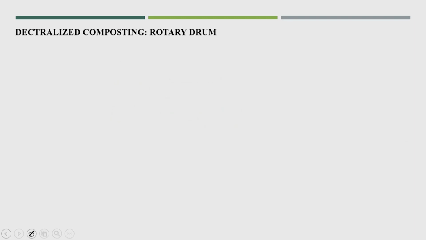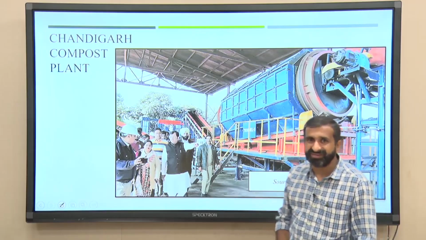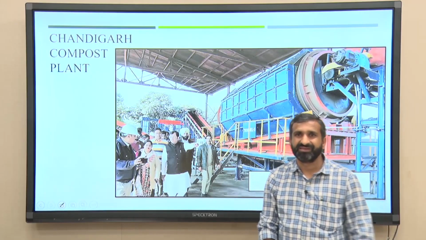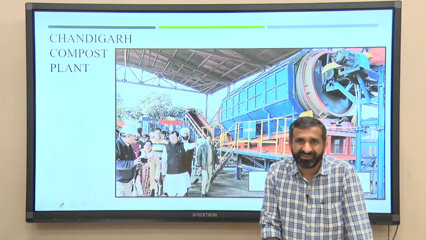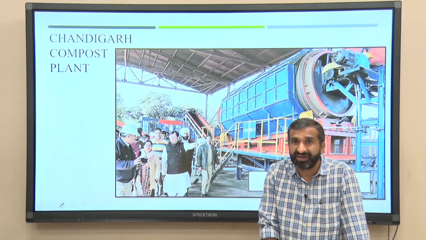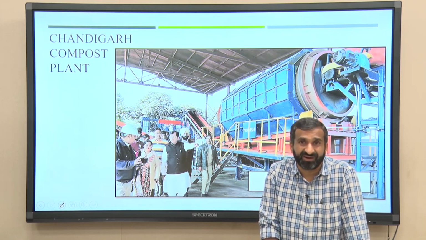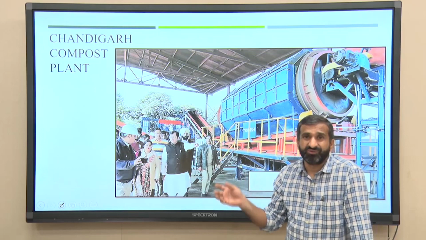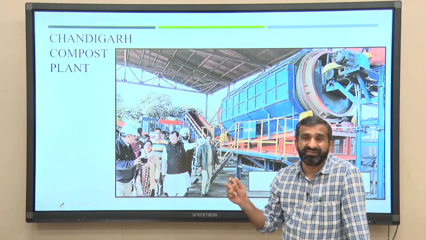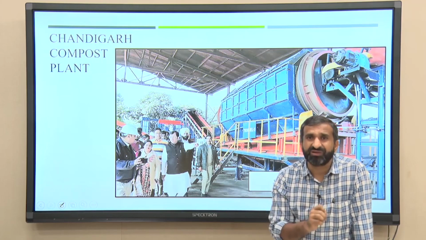Now you see, with this kind of trommel facility, the capital cost is very high, and second, the operation cost is also high, because it requires a lot of energy and also manpower, and we are also not able to get good quality material out of it. Now, these questions will come up.